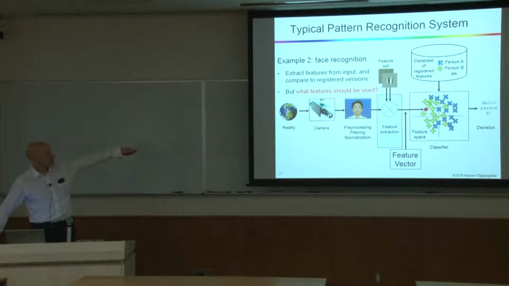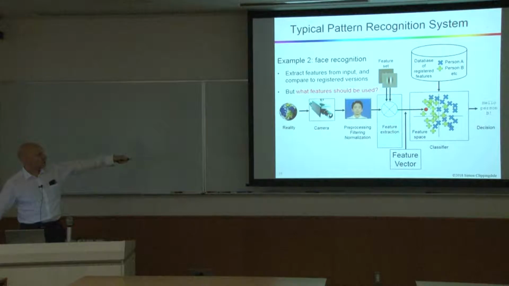There may only be one, but ideally we've got several examples, each of person A and person B's feature vectors, extracted from images maybe under different lighting conditions or different face poses or whatever. So here's the spread of person A's data in this feature space, and here's the spread of person B's data.